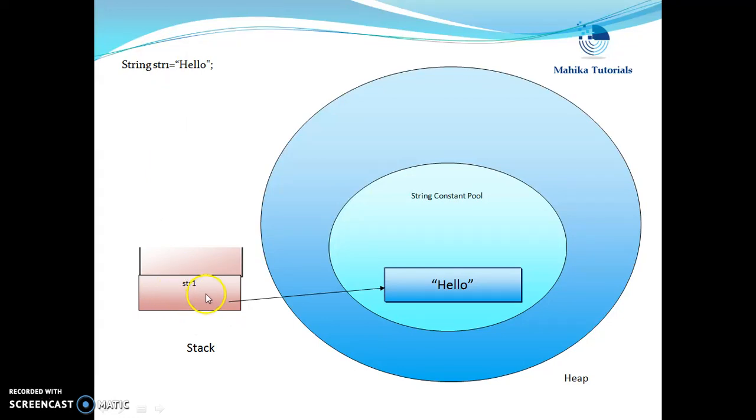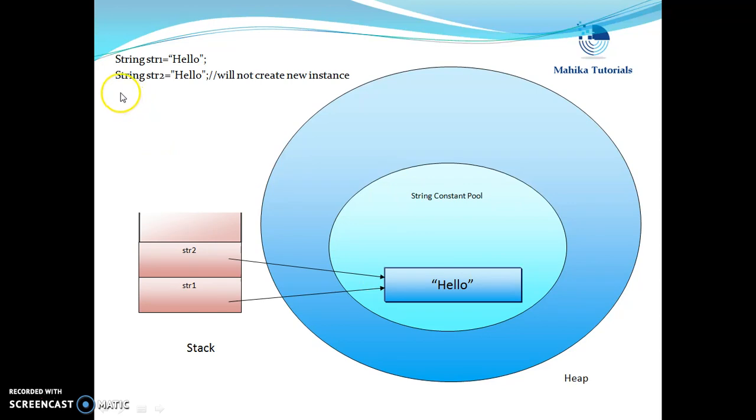So here goes our str1. Now what will happen? JVM will first search in SCP for the object hello. Since initially this would be empty, JVM will create an instance with the value hello, and this str1 will start referring to this object.